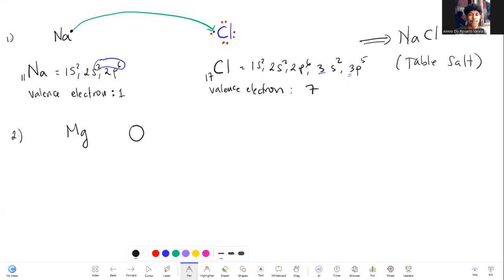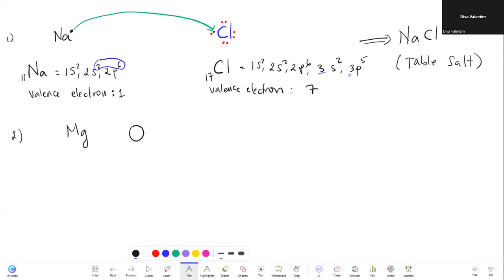Look at your periodic table. Amelia, is magnesium a metal or non-metal?